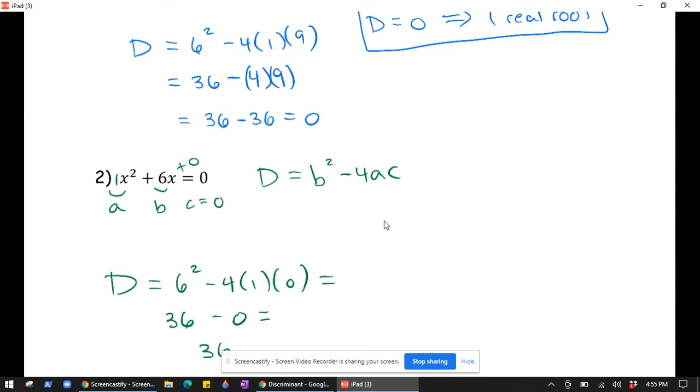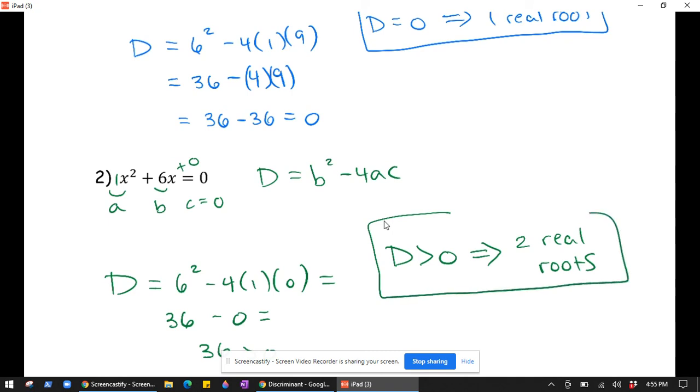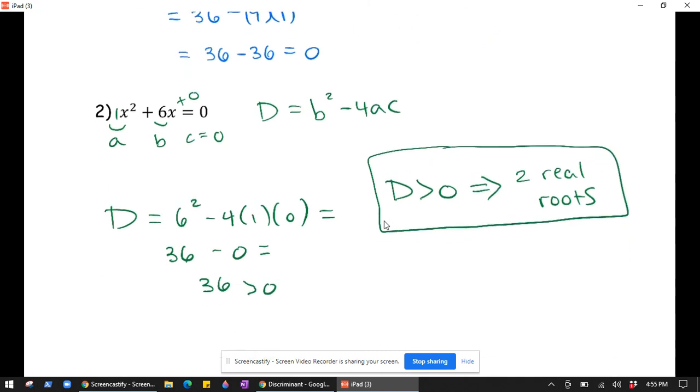So our discriminant is positive. If our discriminant is positive, that means there are two real roots. Graphically, again, that just means your parabola would intersect the x-axis twice.